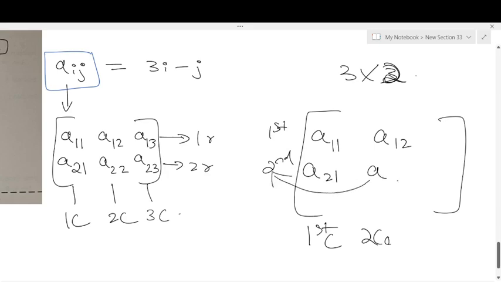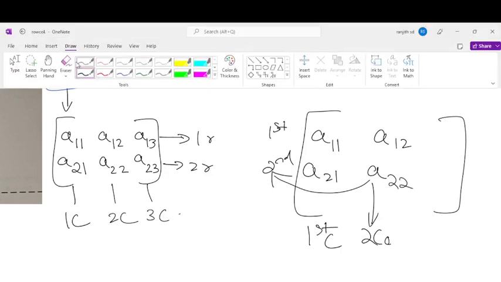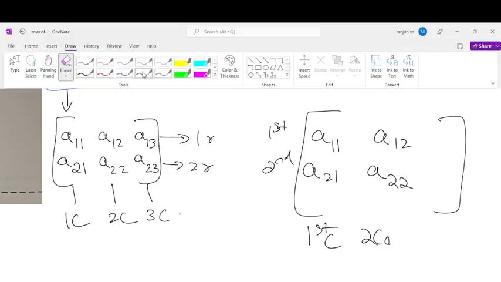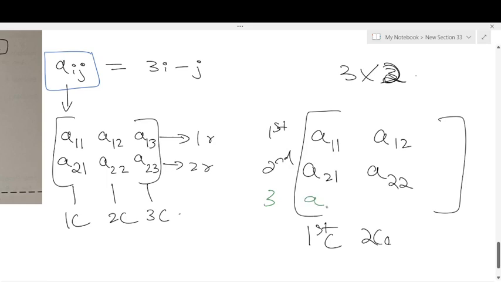A22, right? Next. Tell me the next one. Compare this. A3. What should I write? 1. And the next one. Very good. A32. This is how you name.